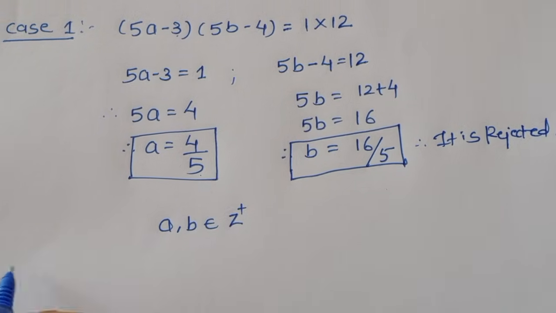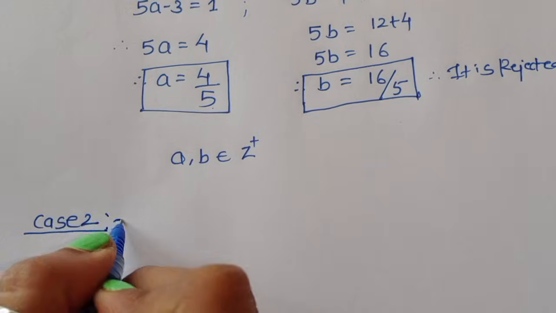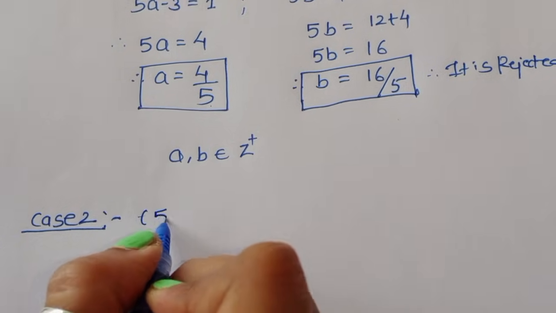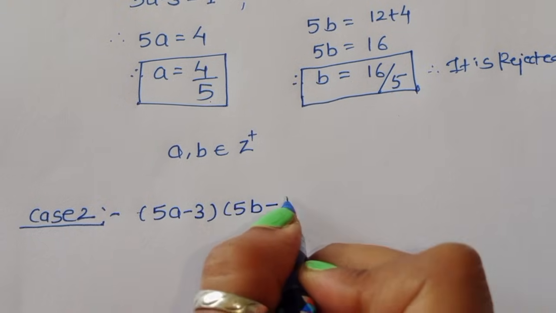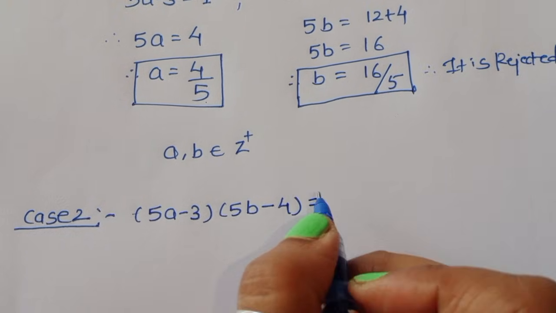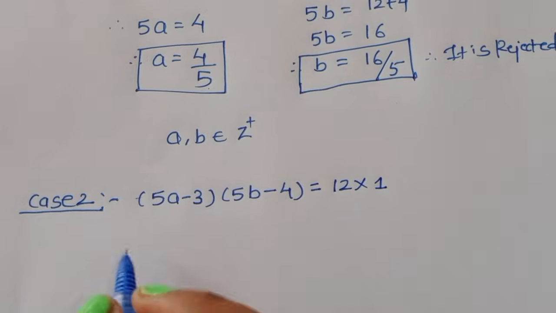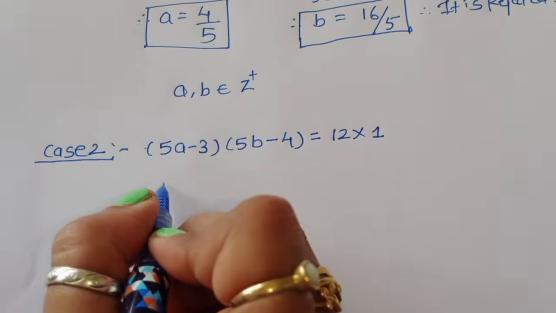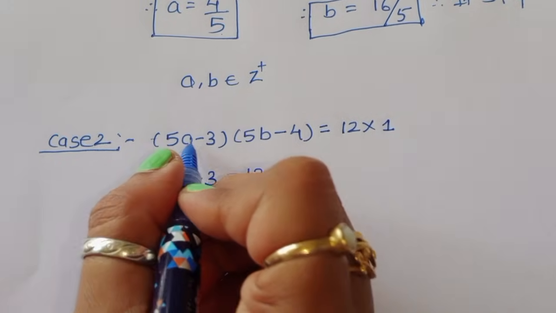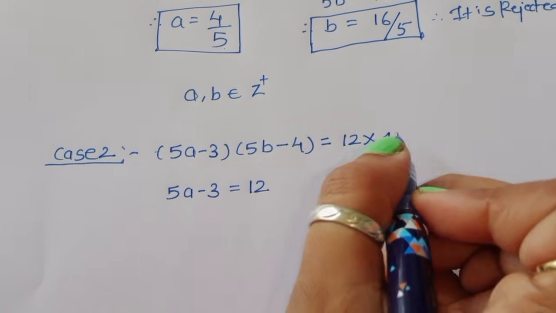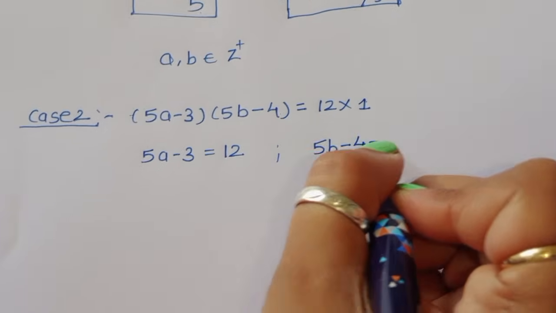Now we are taking case 2. (5a minus 3) times (5b minus 4) is equal to, case 2 is 12 times 1. So comparing LHS and RHS, 5a minus 3 is equal to 12 and 5b minus 4 equal to 1.